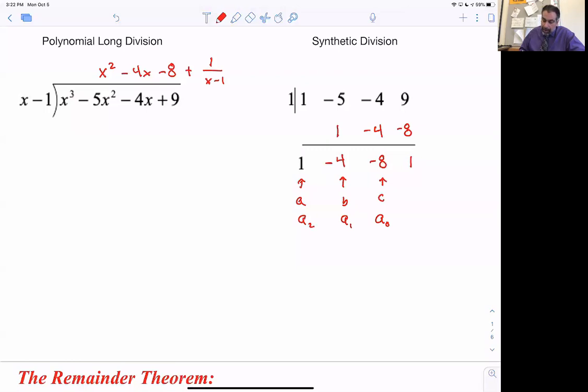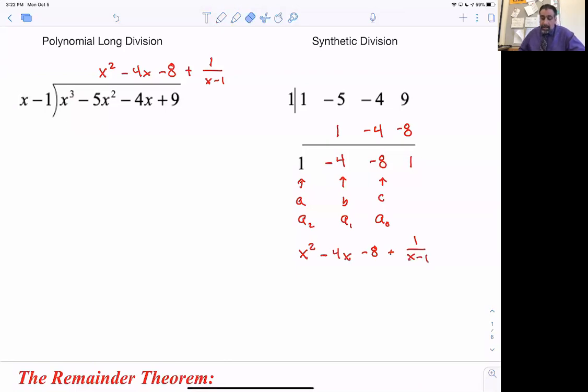So remember, A sub 2 goes with the x squared, A sub 1 goes with the x, A sub 0 is the constant by itself. So that would get us 1x squared minus 4x minus 8. And then our remainder would be the 1 over x minus 1.